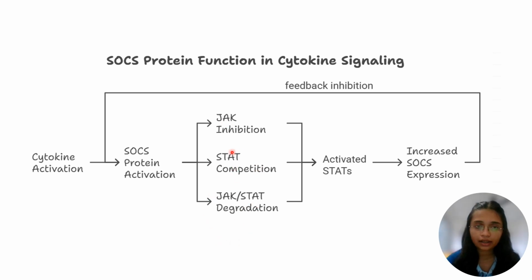By this, it can inhibit this JAK-STAT signaling pathway. There is also one mechanism in which when the concentration of this STAT is increased, it also increases the expression of this SOCS protein, which ultimately stops this pathway. In this way, inside our body, this JAK-STAT pathway passes the signal in a controlled condition.